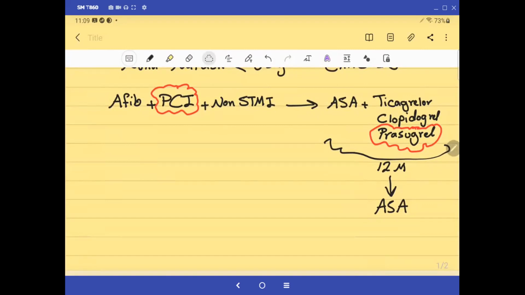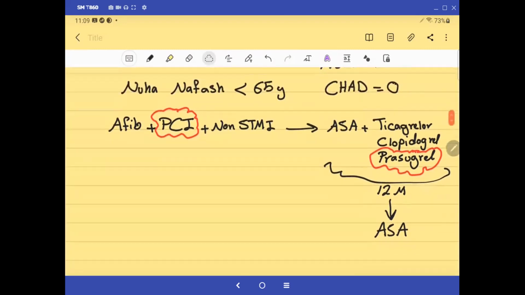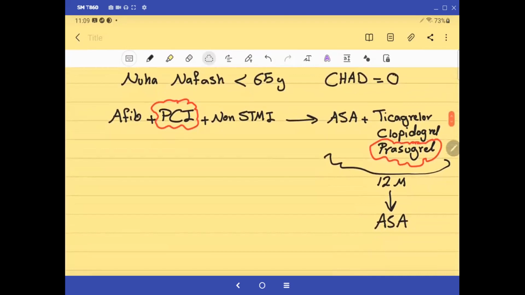So Noha and Noha were both under 65. They both have atrial fibrillation with a STEMI or non-STEMI, one of them. But Noha Kholi has no PCI, whereas Noha Nafash has PCI. They received the same treatment with an added option for Noha Nafash, a preferred option to use prasugrel rather than clopidogrel or ticagrelor, which means that both can receive aspirin plus clopidogrel or aspirin plus ticagrelor.